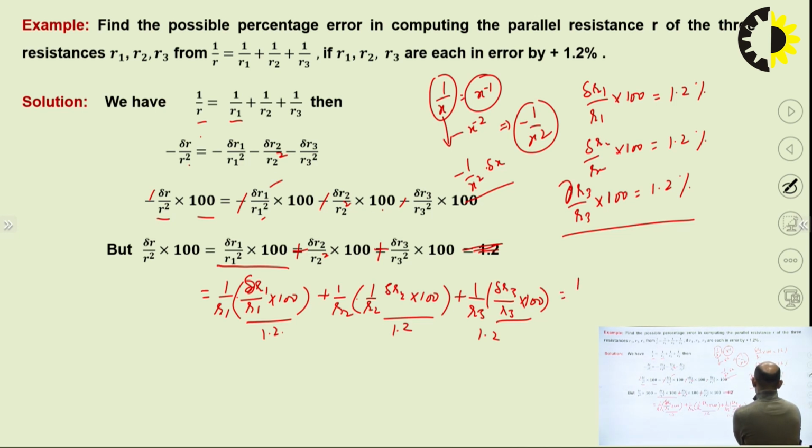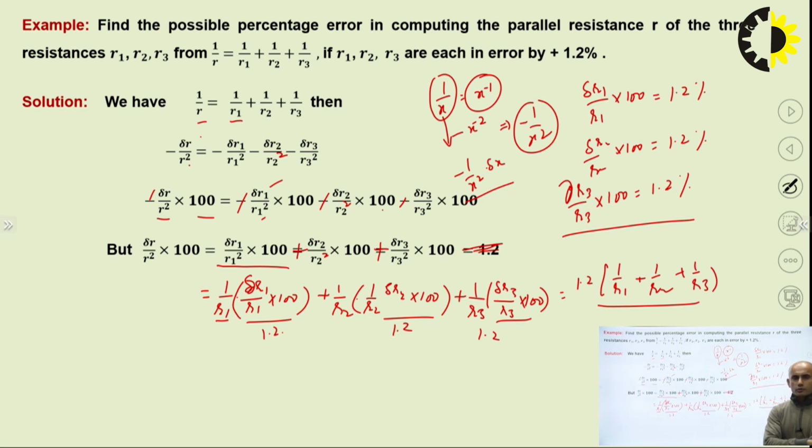So we have 1.2 into 1 upon R1 plus 1 upon R2 plus 1 upon R3, and this term is actually 1 upon R from the starting relation.